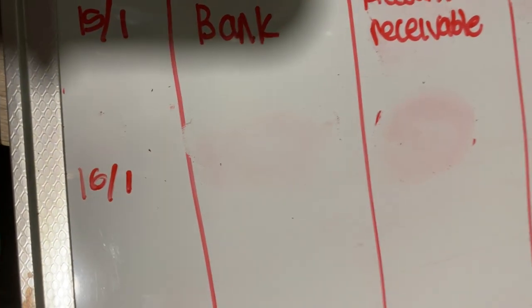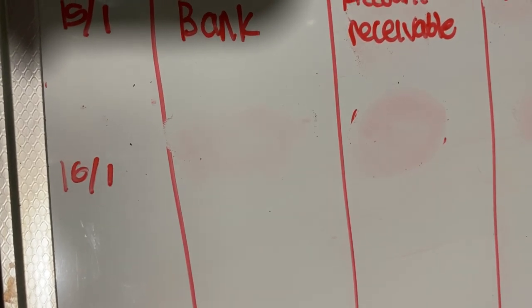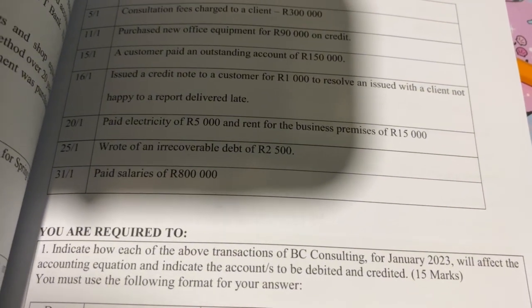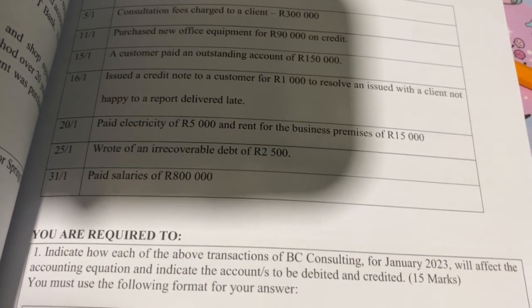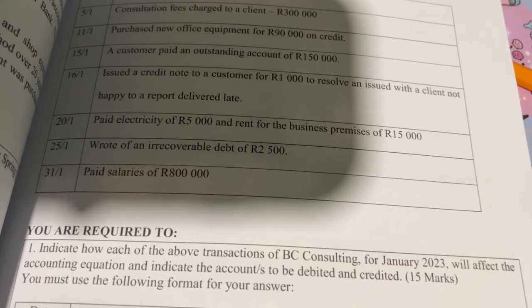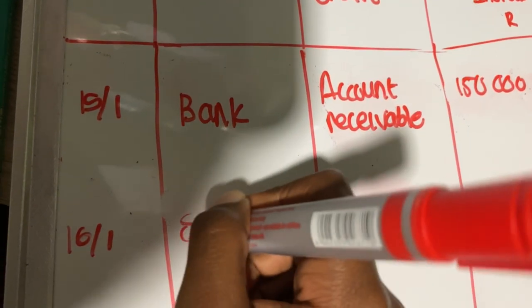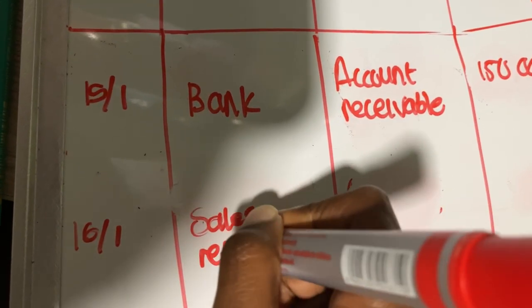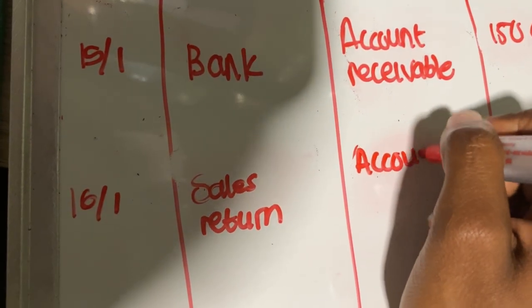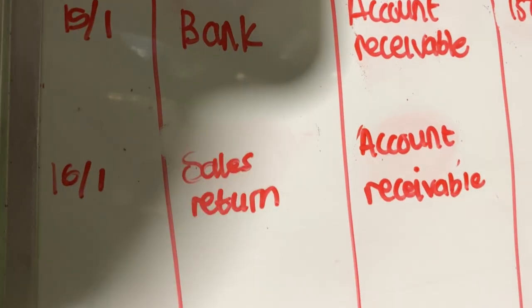16th of January, we issued a credit note to a customer for 1,000 rand to resolve an issue with the client not happy with a report delivered late. First of all, the account that will be debited is sales returns, and account receivables will be credited.